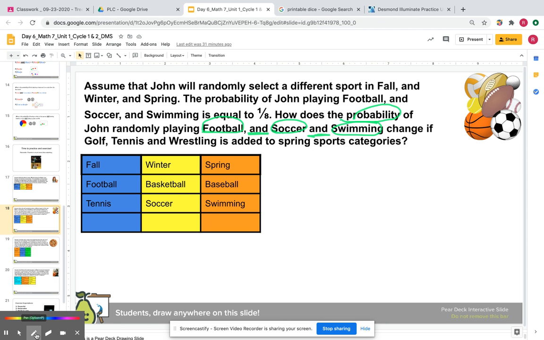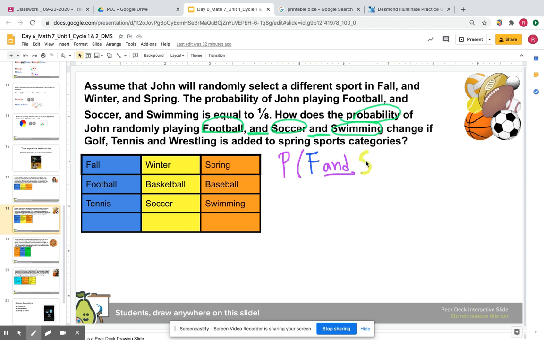Okay, so I'm gonna go ahead and start off with what I'm trying to find out, and that's the probability of a compound event. The compound event includes F for football. I'm gonna use blue because it's color coded for football, and then let me use purple for the word and. Also I'm gonna play soccer in winter. I'm gonna use yellow, S for soccer.